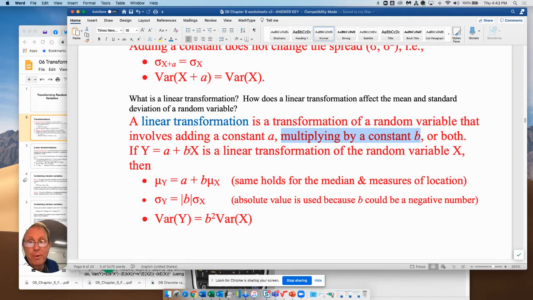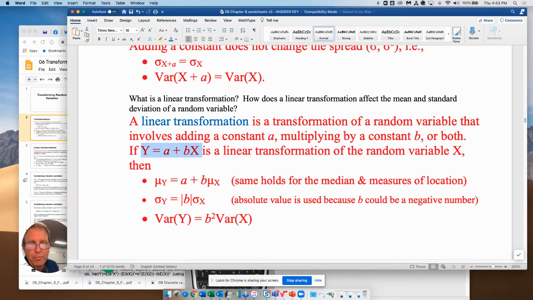So if I have a random variable x, and I first multiply every observation by b, and then add an a to every observation, I'm going to get this new variable y. What is the mean of y? It's just a plus b times the mean of x. I substitute the mean of x into my transformation equation.